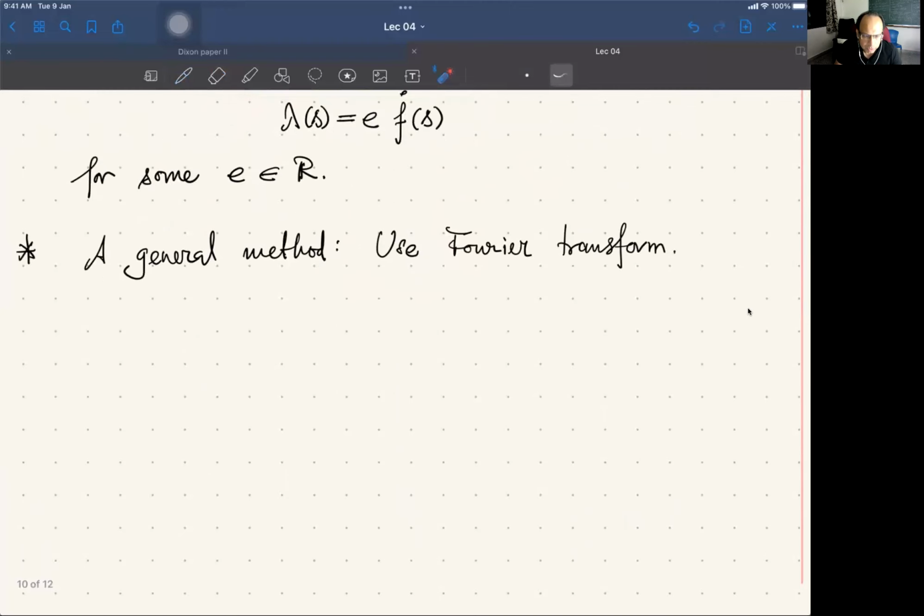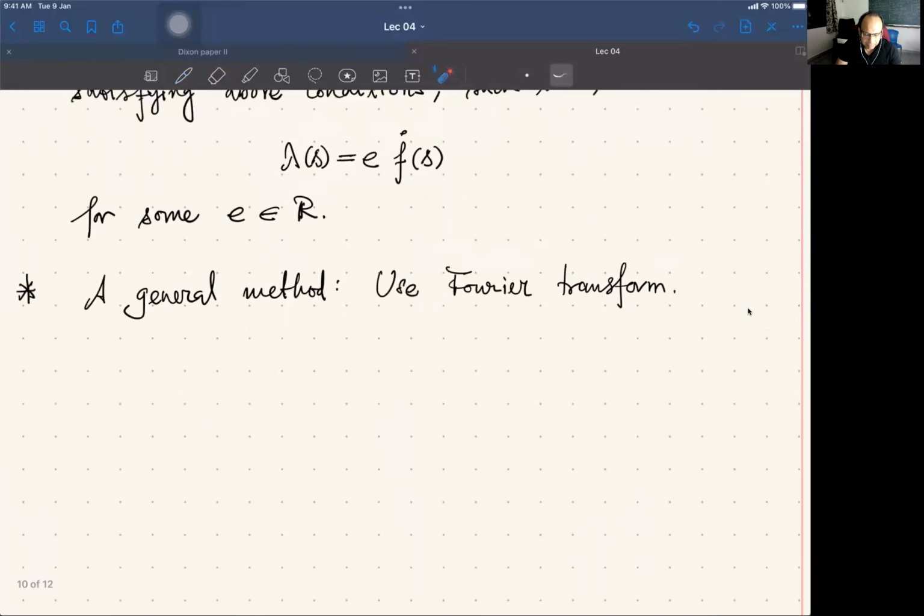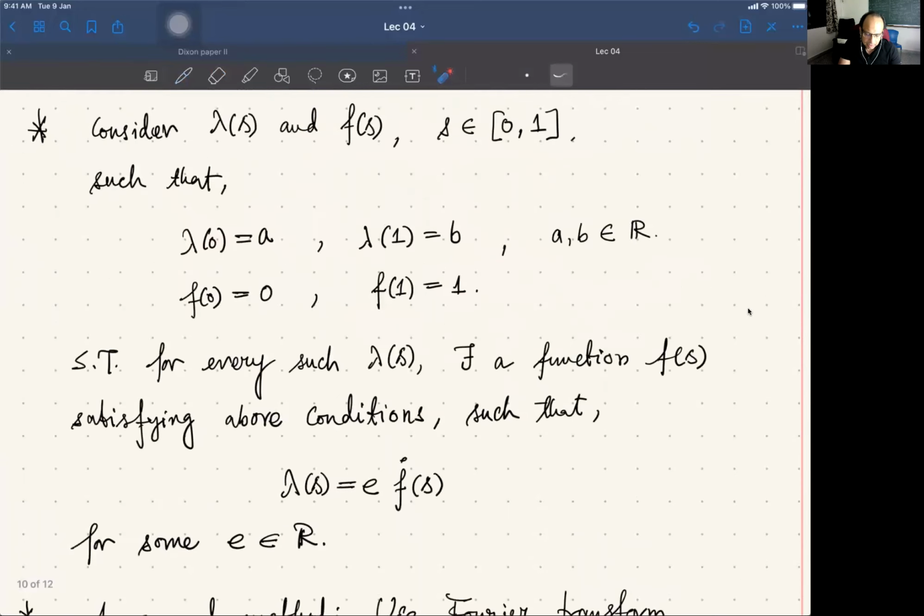So we separate each of these functions into two parts. One part takes care of the boundary conditions, and its Fourier transform is subtle, so we would like to avoid that subtlety. The other part has periodic boundary conditions, and therefore its Fourier transform is straightforward.